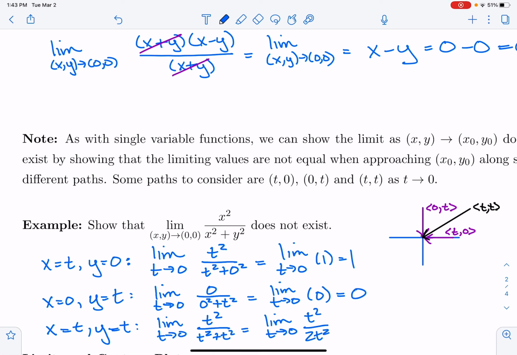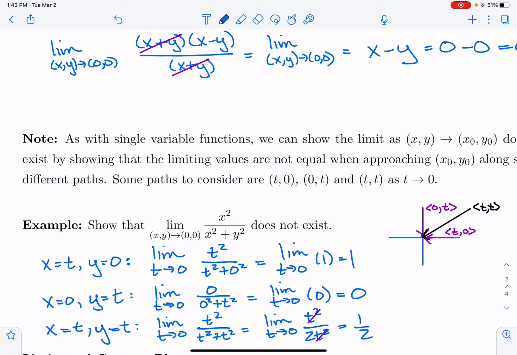Those t squareds are going to cancel for me. And so, in fact, that limit is going to be 1/2. And so I get a different value approaching along that line than I did from approaching above or from the right.